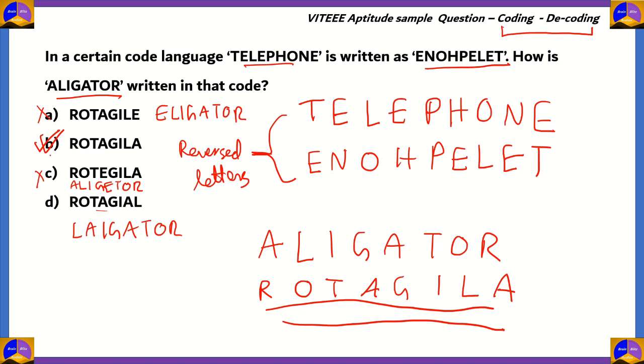So options A, C, and D are incorrect, because when we decode these options, the word does not become alligator. It's only option B, R-O-T-A-G-I-L-A, which when used in the code turns out to become alligator. So option B is the correct option.